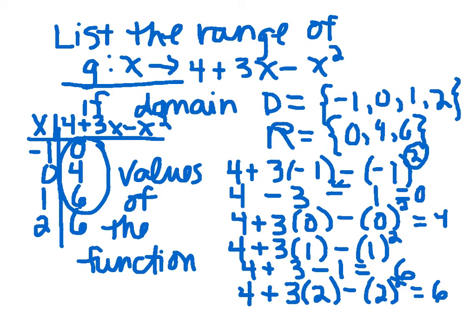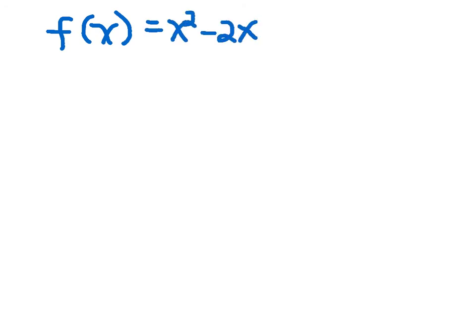The other way that these problems are sometimes given is, if they say that f at x is equal to x squared minus 2x, with the set of real numbers as the domain. That means the domain is all real numbers.